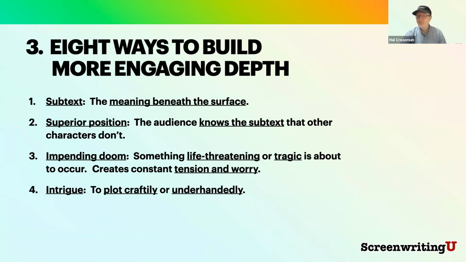Fourth one, intrigue. The easiest way to explain this is to plot craftily or underhandedly. But intrigue is so much more. This is one of these conversations you really want to master. Actually, you want to master all of these, but intrigue is this experience where the audience knows something's going on under the surface, right?